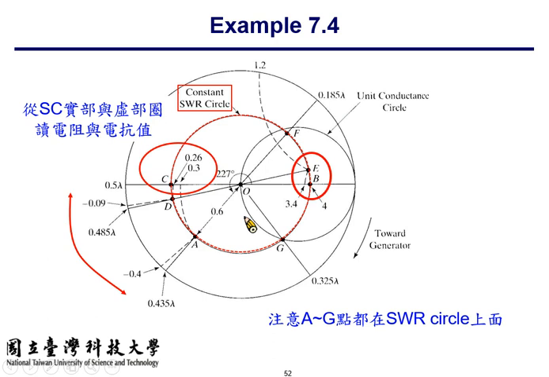You can see it's about minus 0.09. So the impedance at position D equals 0.26 minus j0.09.